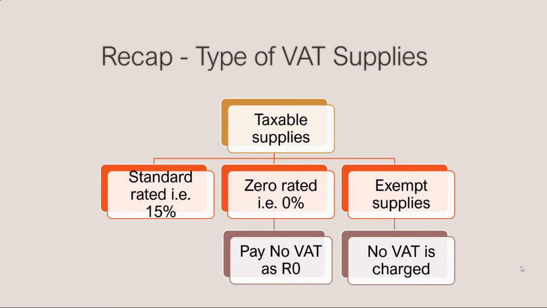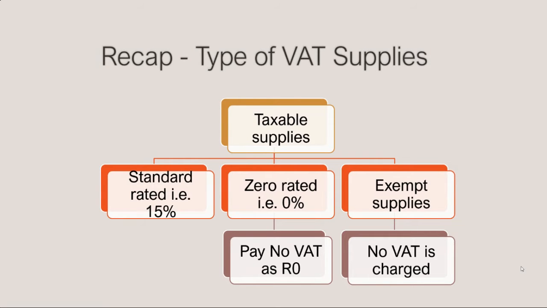Zero rated is generally more your basic foodstuff and relates to any exports. Those are items where we do levy VAT, but at 0%, which means we are effectively paying R0 VAT. As I said in class last week, this percentage could potentially be changed in the future, and that is why government has clearly indicated it's 0% for now.